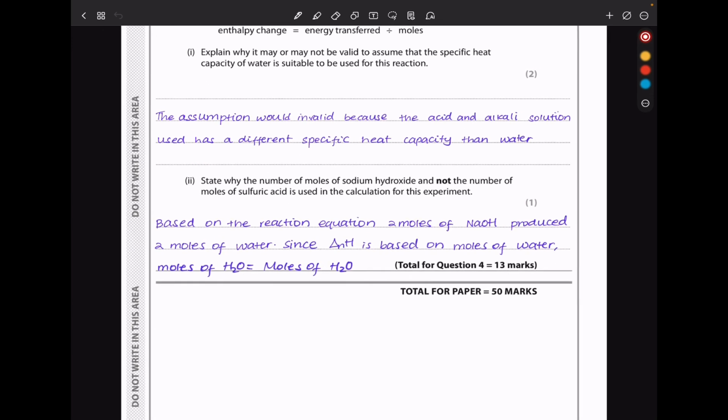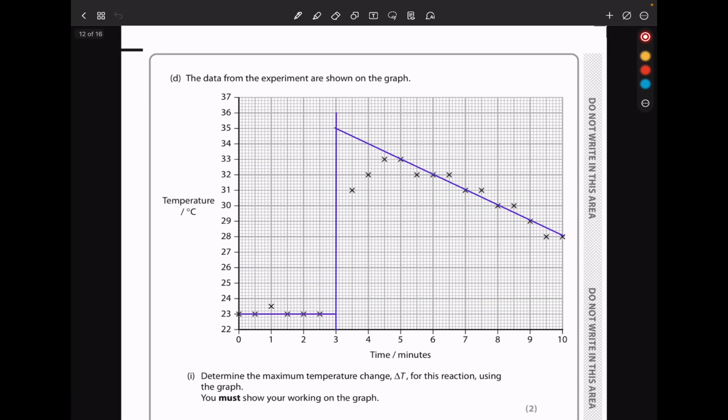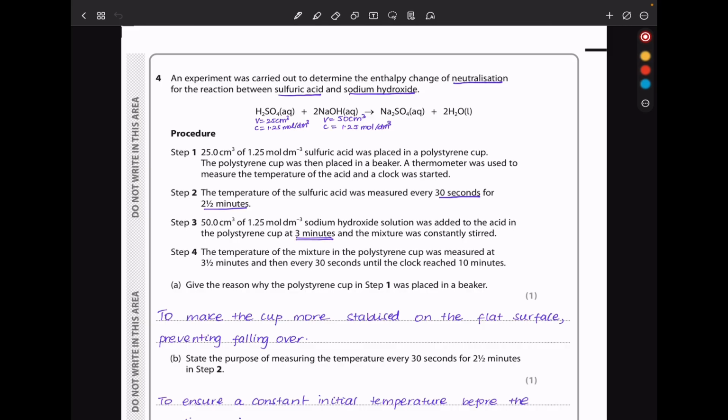And lastly, state why the number of moles of sodium hydroxide and not the number of moles of sulfuric acid is used in the calculation for this experiment. If we go back to the equation, this is enthalpy change of neutralization. And enthalpy change of neutralization is when 1 mole of water is produced when an acid and alkali react at 298 Kelvin and 100 kilopascals. So we see here they produce 2 moles.